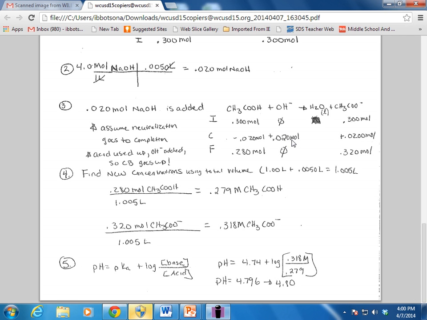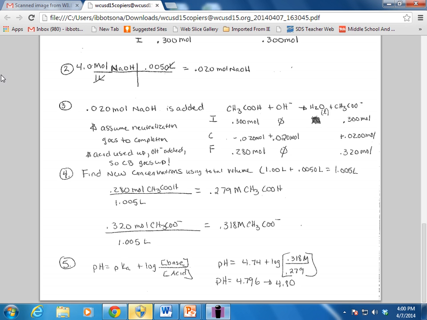So whatever that change is, the 0.020 moles, that's going to take away from the acid but add to the conjugate base. Now I'm just going to do what the operation shows me to get the final: 0.280 when I subtract and 0.320 moles when I get done. Again, we are assuming the OH- goes to completion, so we use it up completely. All right, so it's completely neutralizing this. Now it's not perfect, because 0 plus 0.020 would not equal 0. I just want you to see that we'd have all the hydroxide ion used up.